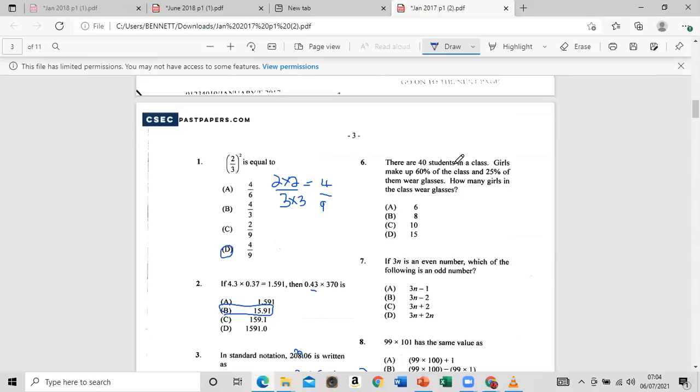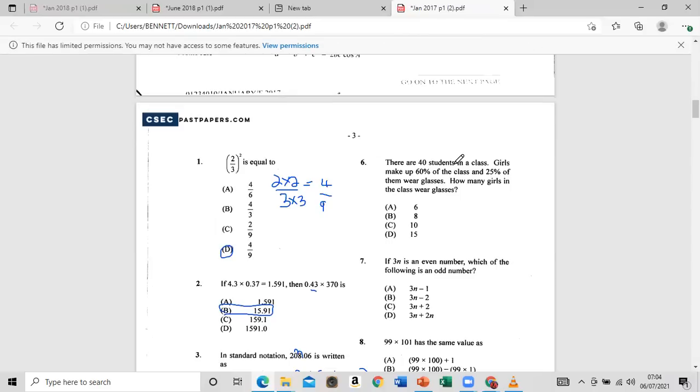Alright, there are 40 students in a class. The girls make up 60% of the class, and 25% of them wear glasses. How many students wear glasses? Again, we've worked this many times, we are still working. So it's 60%. We need to find what is 60% of 40 to find the number of girls.